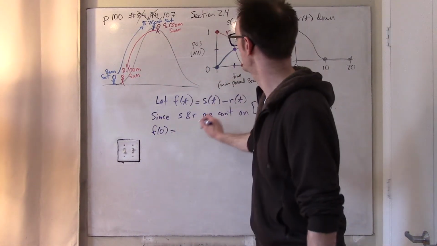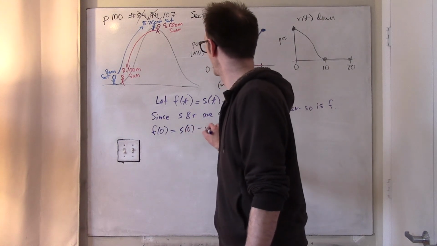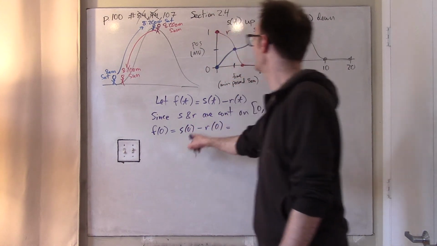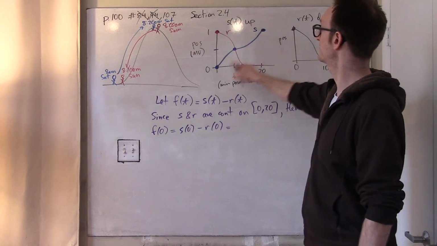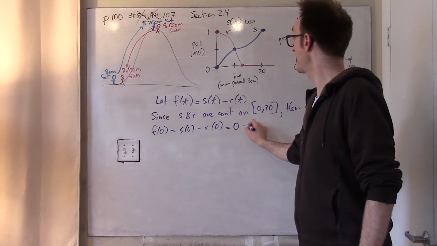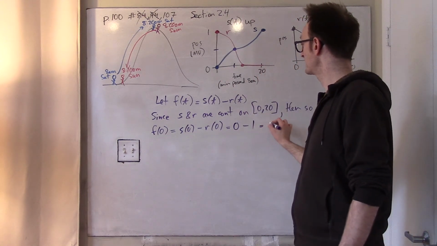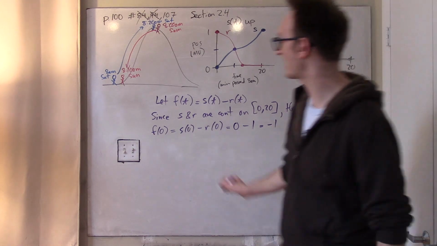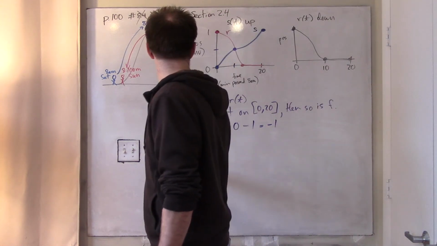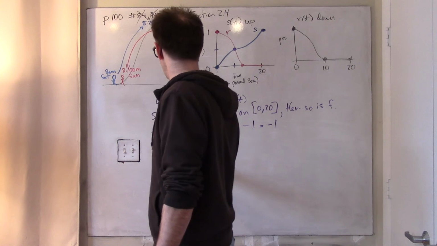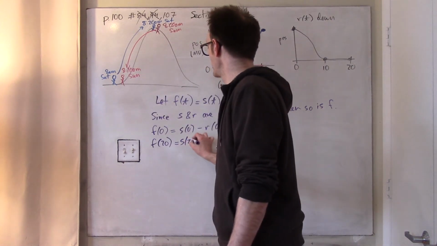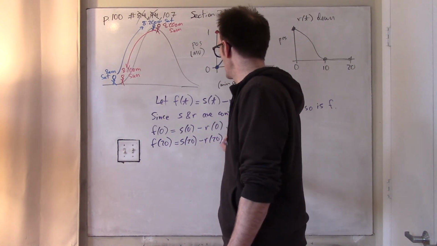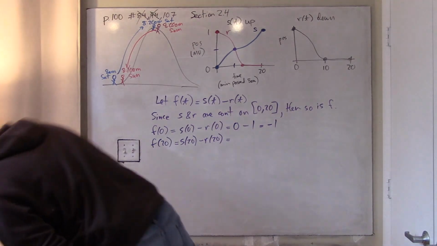And now we can see, okay, what is f of 0? Well, f of 0 is just s of 0 minus r of 0. What's s of 0? S of 0 is 0, and r of 0 is 1. And so this f function starts out at -1, and what is f of 20? It's s of 20 minus r of 20 by definition.